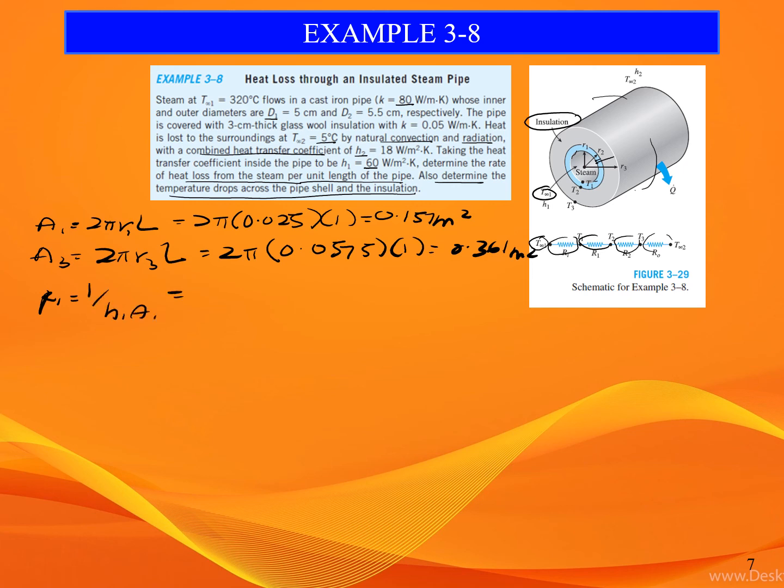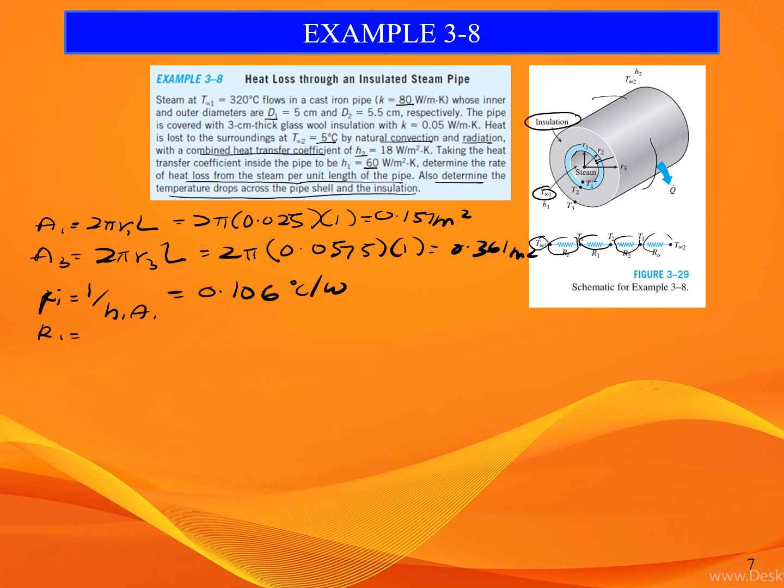So first, Ri, convection: 1 over H1 A1. I directly give the answer, 1.106 degrees C per watt. This is Ri. Then R1, we have a conduction, right?